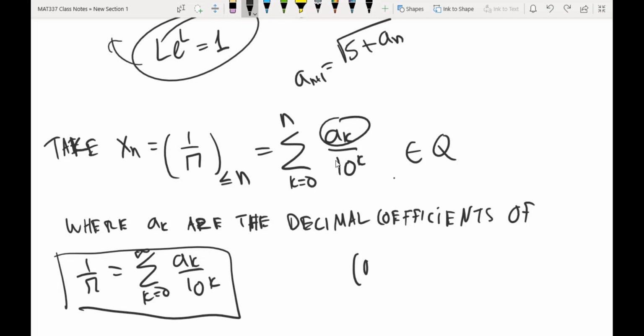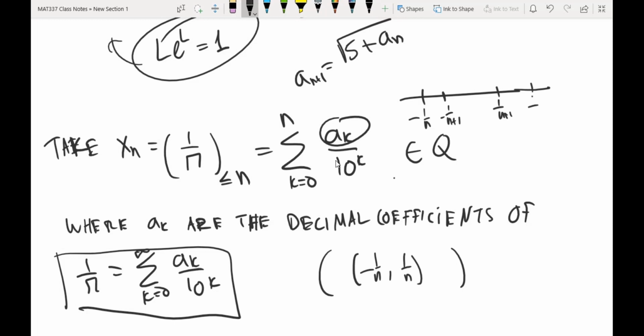You can have open intervals, like minus 1 over n, plus 1 over n. The ones I wrote are nested intervals, right?